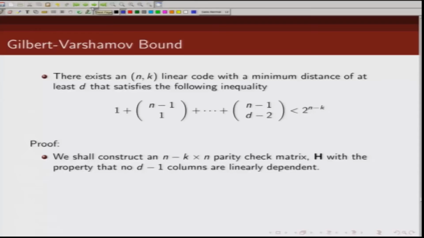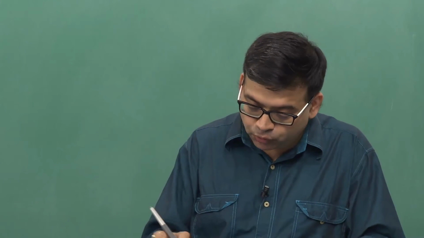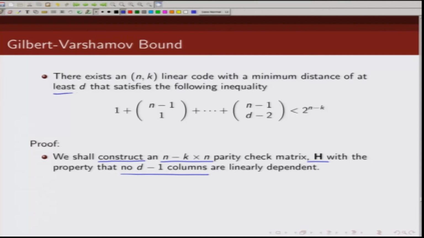So, let us construct a parity check matrix H, which is an (n-k) cross n matrix. We will try to construct it such that no d minus 1 columns are linearly dependent. If we can ensure that, then we are ensuring that the minimum distance is at least d, and that is what we want to show.